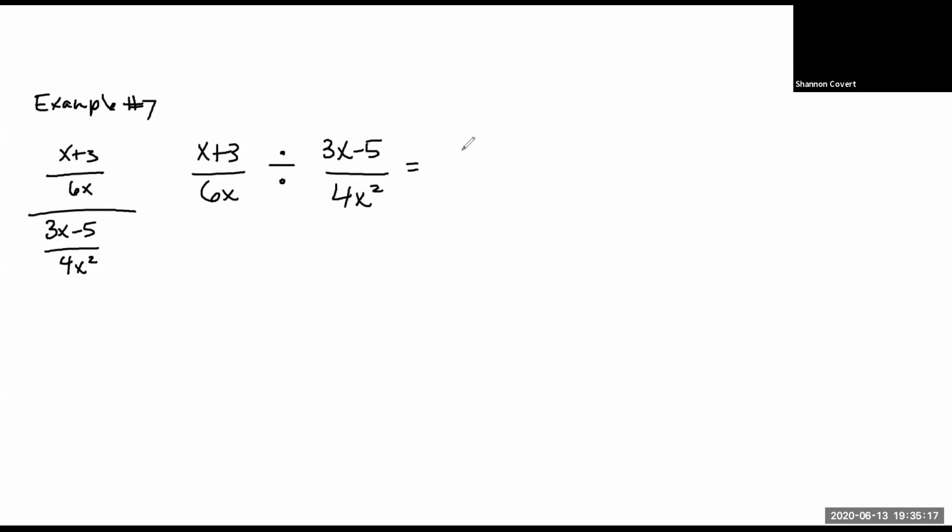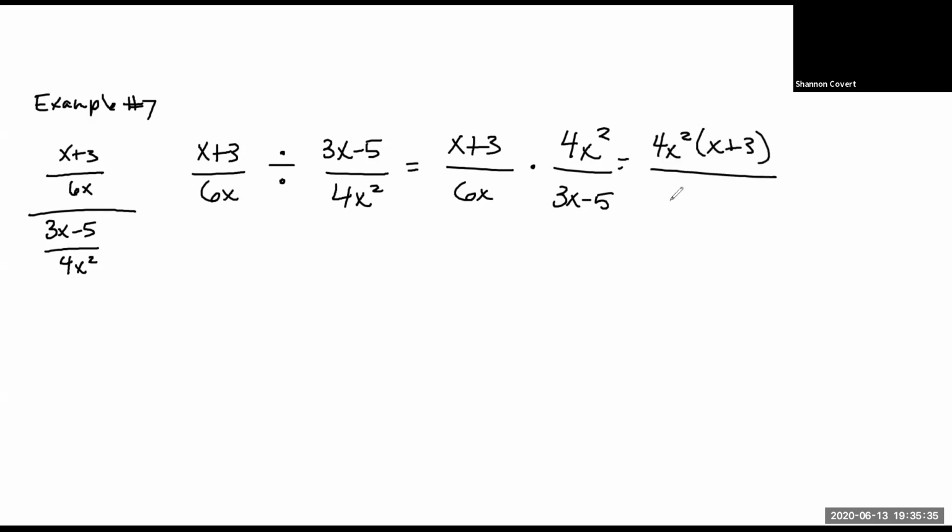I will rewrite this as a multiplication problem, giving me x plus 3 over 6x times 4x squared over 3x minus 5. When I multiply my numerators together, I end up with 4x squared times x plus 3. In the denominator, I have 6x times 3x minus 5.